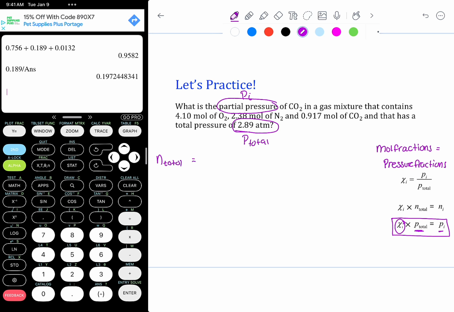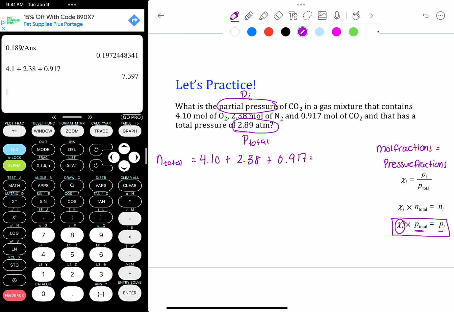So we'll go about finding N total and chi for the moles, and then use that to find the partial pressure. So our N total is going to be 4.10 plus 2.38 plus 0.917. So our N total is 7.397 moles.